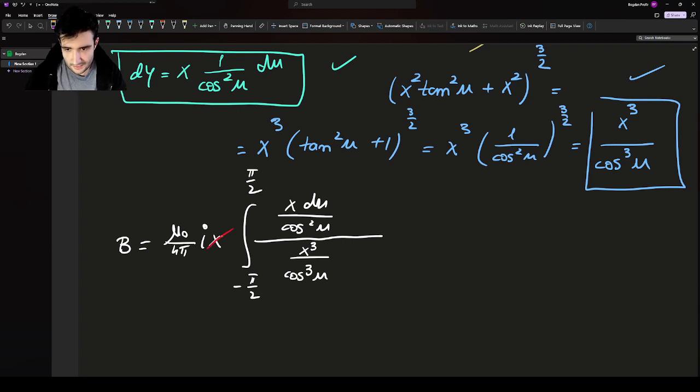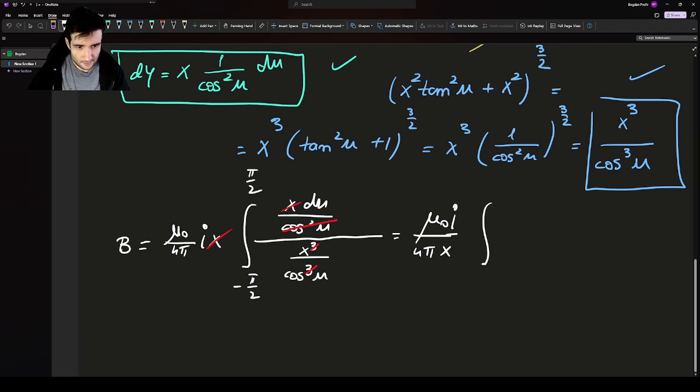We have x times this is x squared divided by x cubed, which is 1 over x. And then we can cancel this with the cube. So we'll just end up with mu 0 over 4 pi times I, and then this is also going to be divided by x. So let me write it here. And the integral just becomes from minus pi over 2 to pi over 2 of du divided by 1 over cosine, which is just cosine of u du.